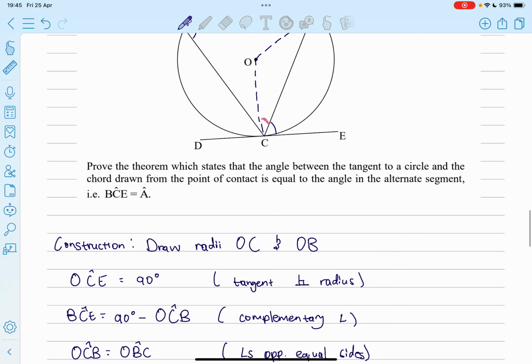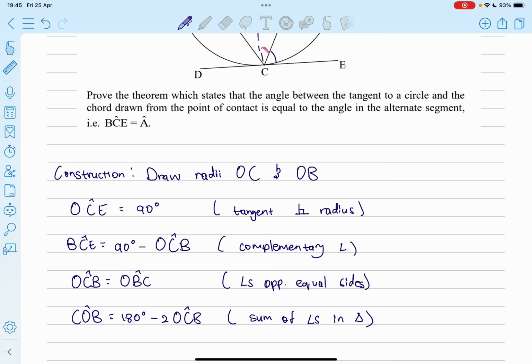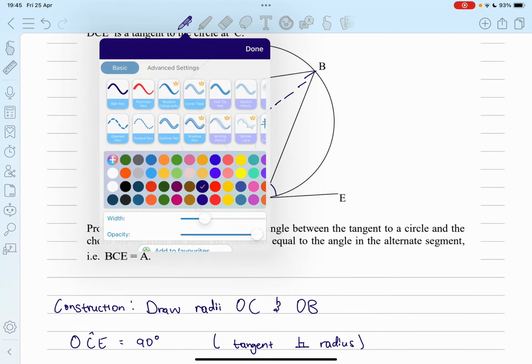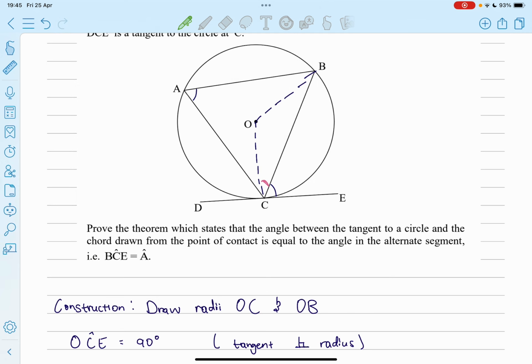And we want to use OCB because that's the angle that is close to BCE, our focal point. And the reason for this is because of sum of angles in a triangle, they add up to 180 degrees.